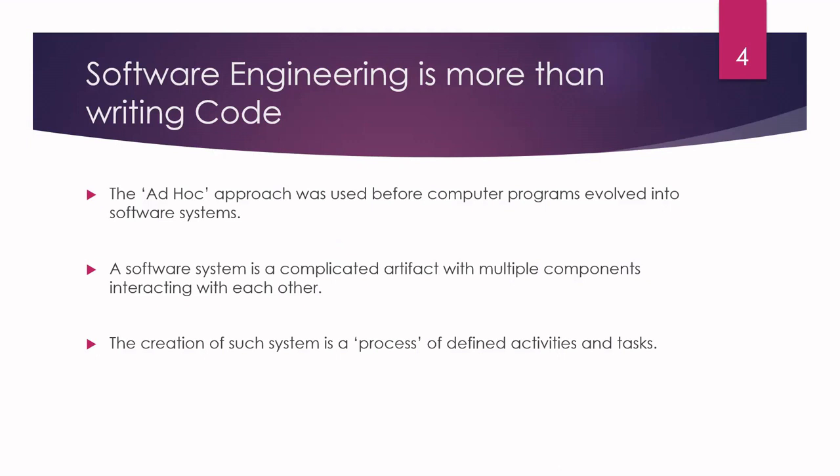So that's why we introduced agility, or more flexibility, so that we would be able to handle a software system. Unfortunately, some people took this to the extreme, to the point that they want to go back to the ad hoc. So the ad hoc is just like, okay, we have a problem, let's write code.